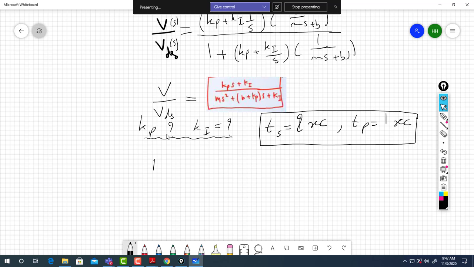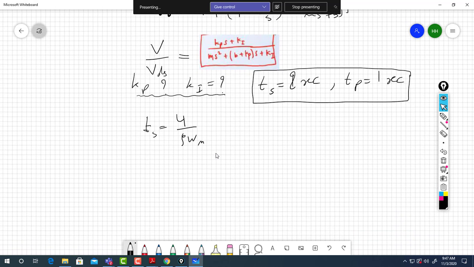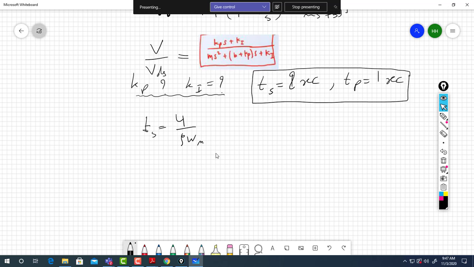Well, settling time, I know it's equal to 4 over zeta omega n. But I want you to pay attention here. This is only valid for a second order system. You remember we were only talking about a basic form of second order system, omega n square over s squared plus 2 zeta omega n s plus omega n square.